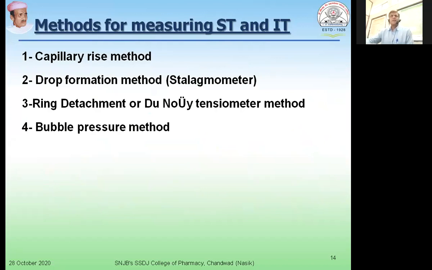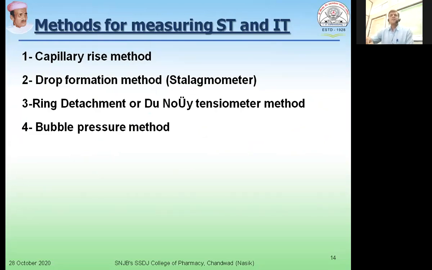As I said earlier, there are around 8 methods which have been reported in the literature. Out of those 8, these 4 methods are commonly used. In few methods, we don't require a very sophisticated instrument, or it is not a sophisticated technique as such, like the drop formation method.